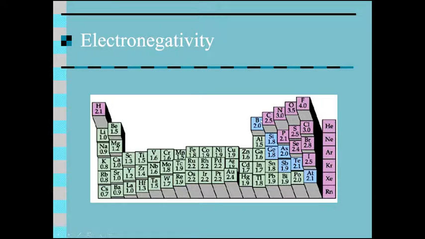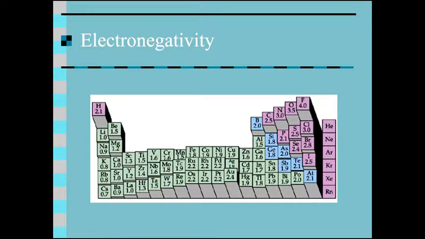Similarly, in the case of nitrogen, oxygen and fluorine, nitrogen has 7 protons, oxygen has 8 protons, and fluorine has 9 protons, and therefore its energy requirement for an incoming electron is more. The other factor is that fluorine has 7 electrons in its outermost shell.